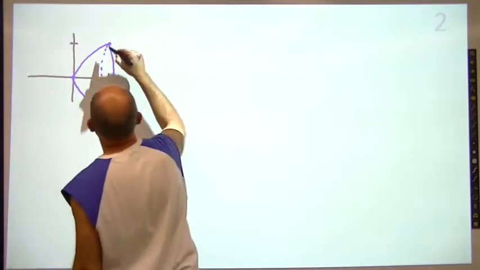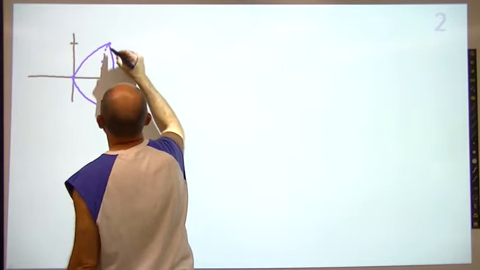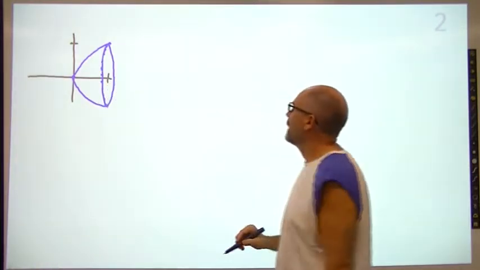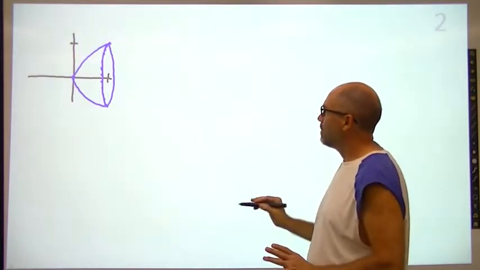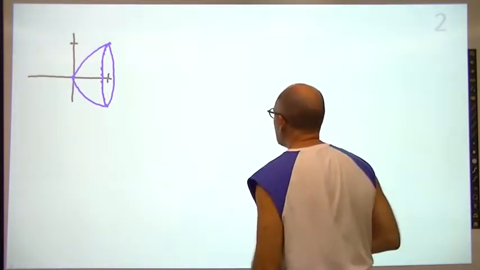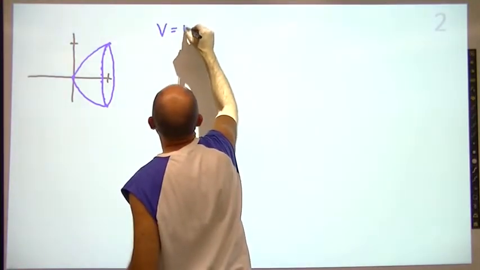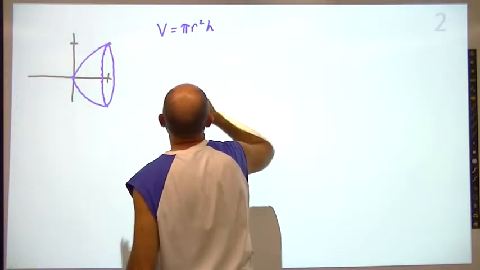We'll just make it like that so it's opening this direction. Okay, so there's our object. Now, the volume of this equals pi r squared h.